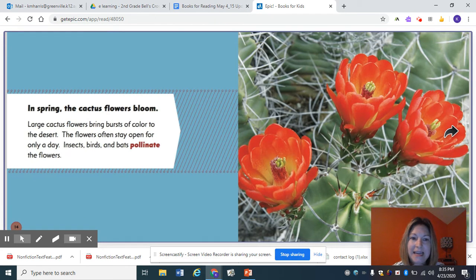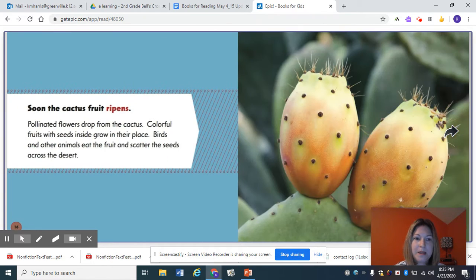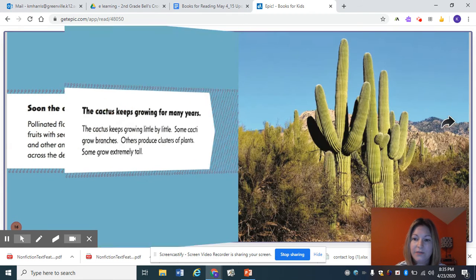In spring, the cactus flowers bloom. Large cactus flowers bring bursts of color to the desert. The flowers often stay open for only a day. Insects, birds, and bats pollinate the flowers. Soon the cactus fruit ripens. Pollinated flowers drop from the cactus. Colorful fruits with seeds inside grow in their place. Birds and other animals eat the fruit and scatter the seeds across the desert.